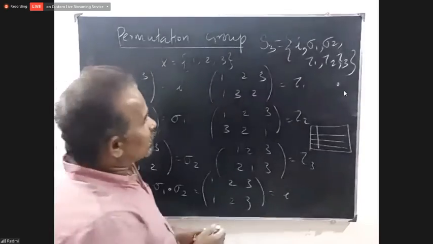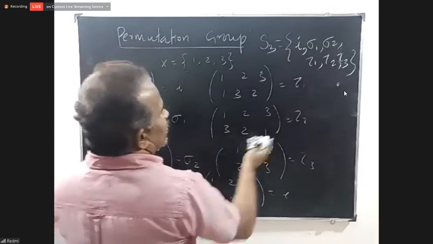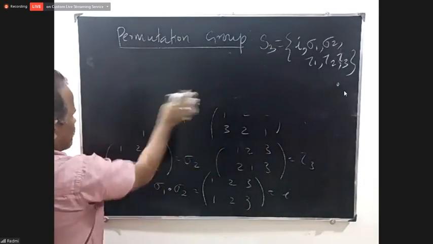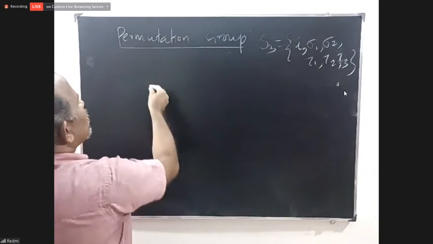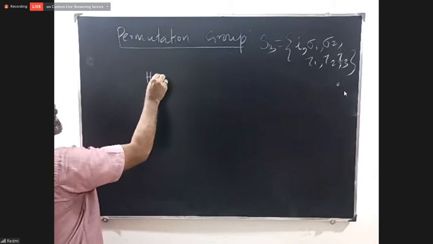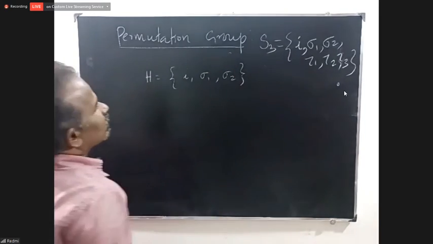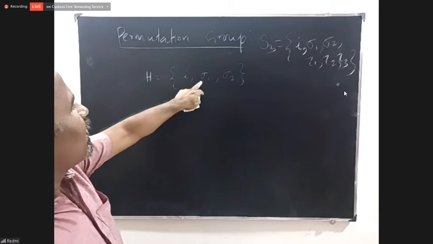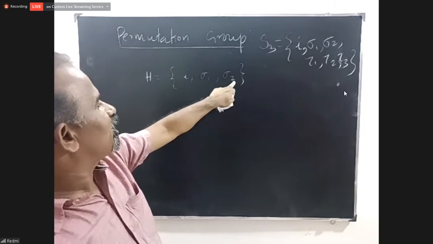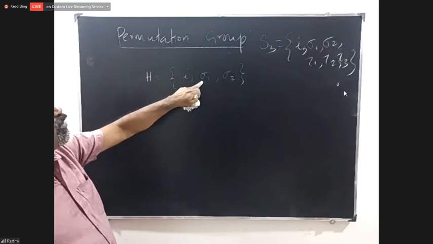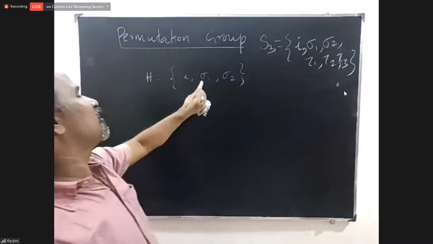Suppose I am taking a subgroup. Let us take H equal to {I, sigma 1, sigma 2}. This is also a group, because we have just seen that sigma 1 into sigma 2 is equal to I. Sigma 1 into sigma 1 gives sigma 2, and sigma 2 into sigma 2 is sigma 1.